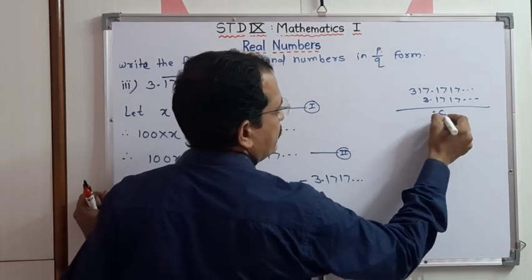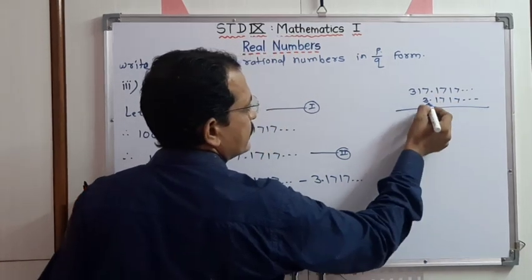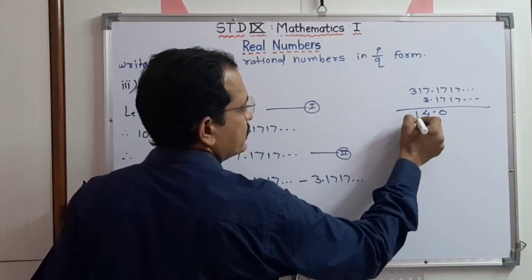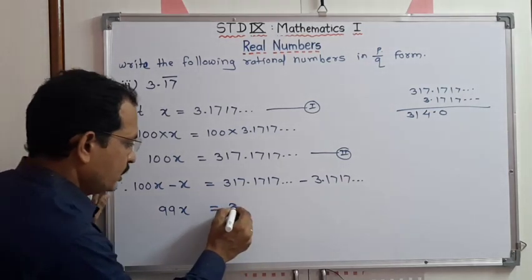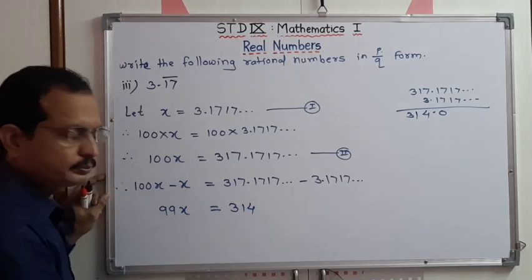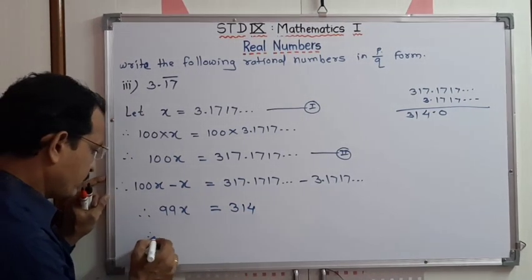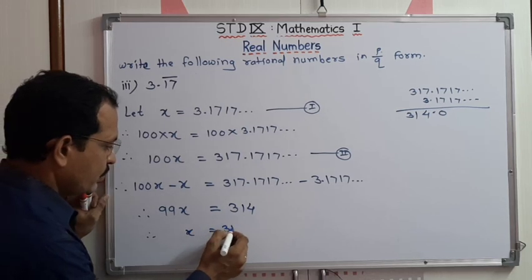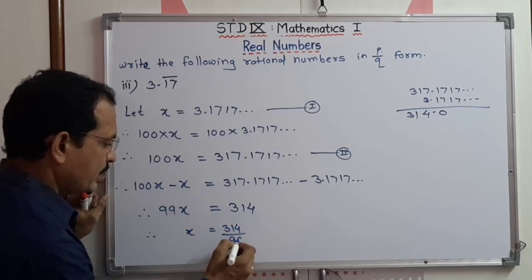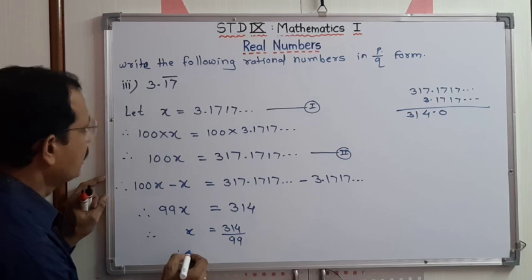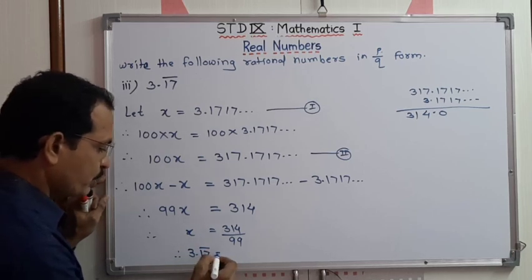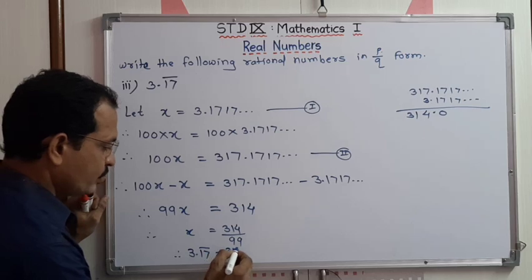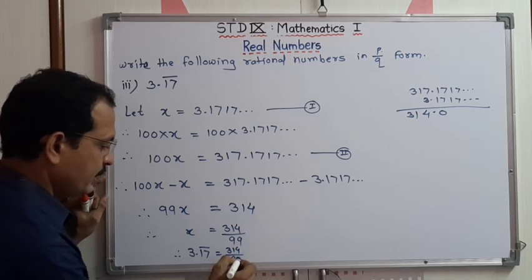It is point, this is 0, 7 minus 3 it is 4, this is 1 and it is 3. Therefore it is 314 and therefore x is equal to 314 upon 99 and therefore the p upon q form of 3.17 bar is 314 upon 99.